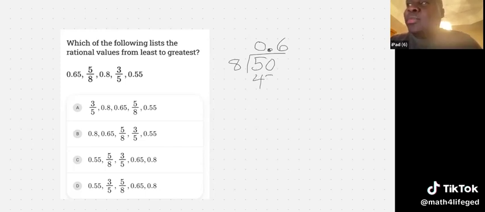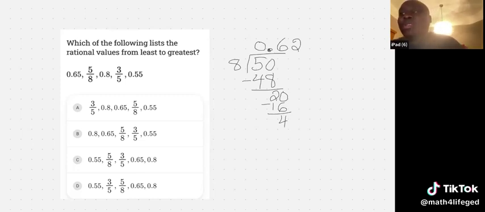we get 2. Now, if we want to continue again, since we have no other numbers, we add a 0 to continue. Boom. Now, 8 goes into 20, 2 times. So 2 times 8 is 16, right? Subtract, remainder 4. Now we're going to do it again. 8 goes into 40. We add a 0 to continue since we have no other numbers.